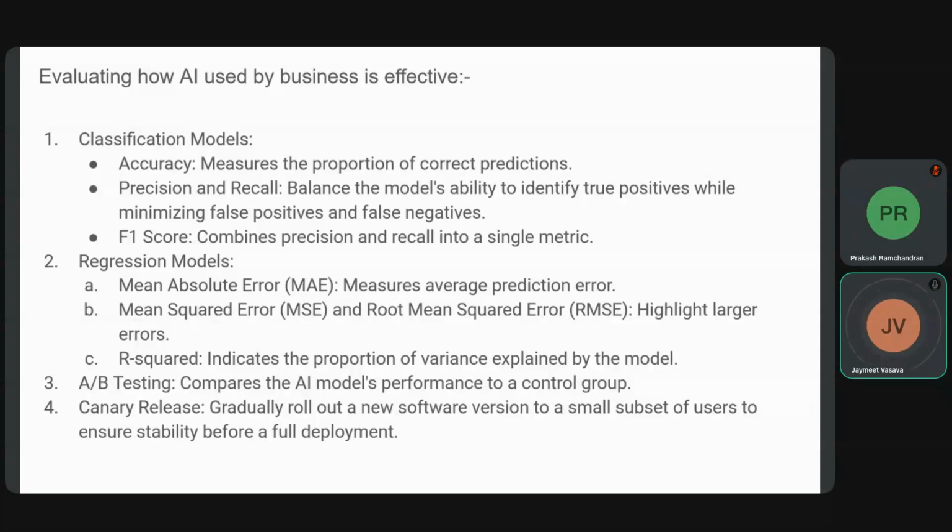These are all measuring the accuracy of the model. Then comes A/B testing, comparing the AI model's performance to a control group. Then canary release, gradually rolling out a new feature version to a small subset of users to ensure stability before a full deployment of the system is done.